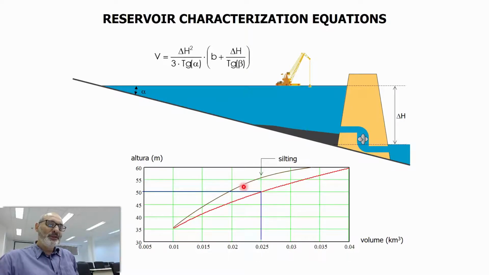That means that your reservoir is losing efficiency in terms of its storing capacity. So periodically you have to remove this material in order to recover its original performance, because the design was made assuming a given nominal volume for the reservoir. So silting is a very important problem. It is related to OPEX, to the maintenance cost of this power plant.